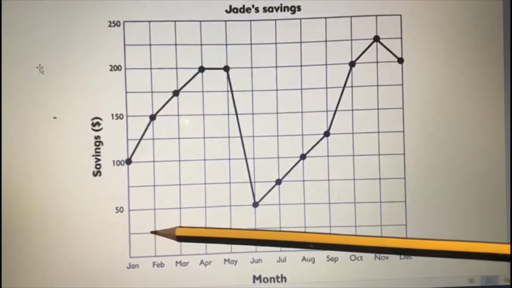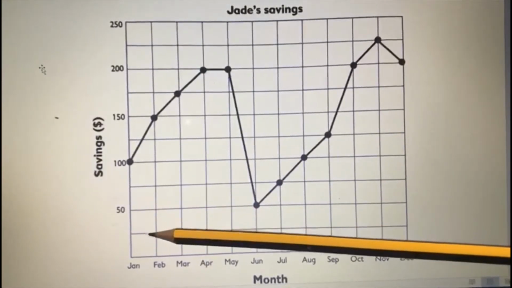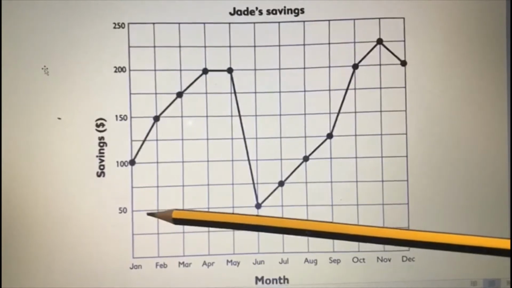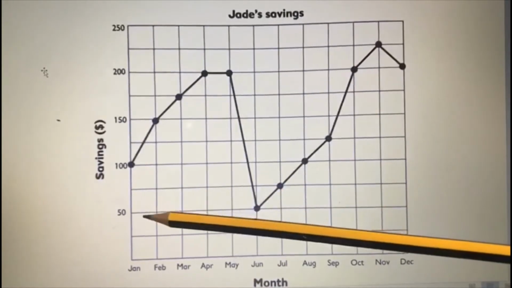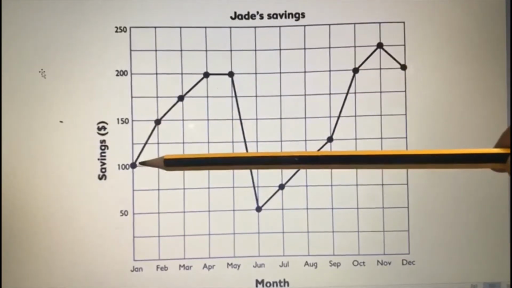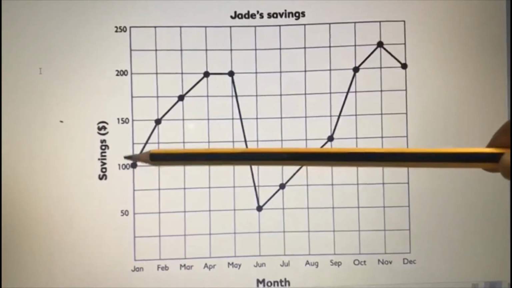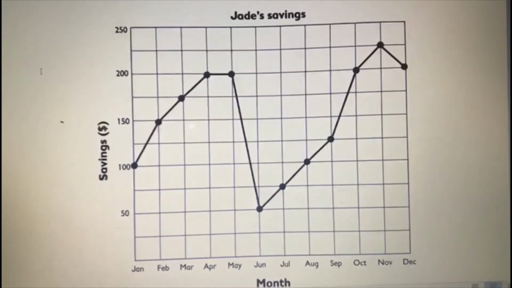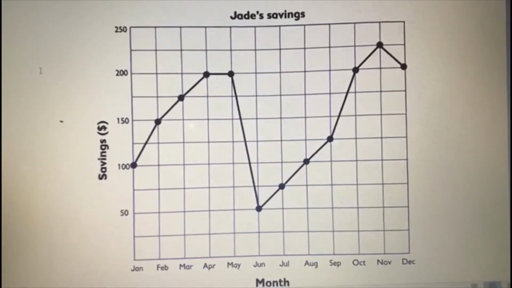So how can we find this? 50 divided by 2 is 25. So 25, 50, then add 25 more: 50 plus 25 is 75, 75 plus 25 is 100, 100 plus 25 is 125. It goes on like that. You have to add 25 more.